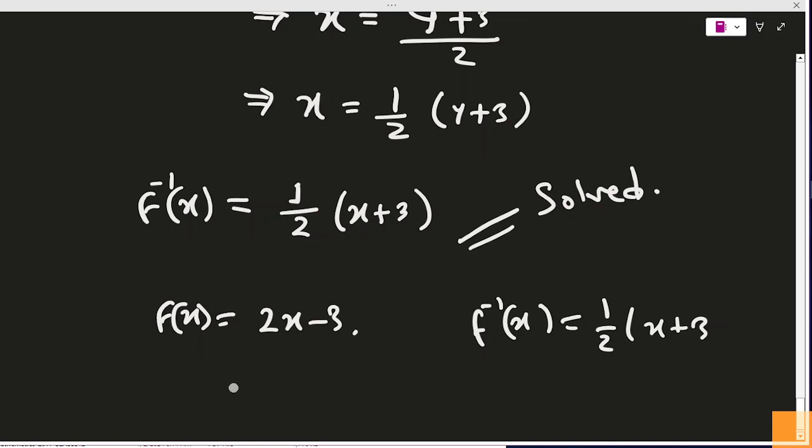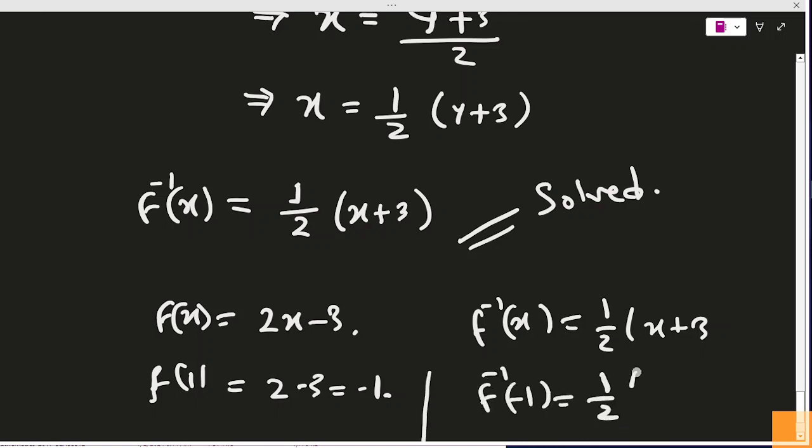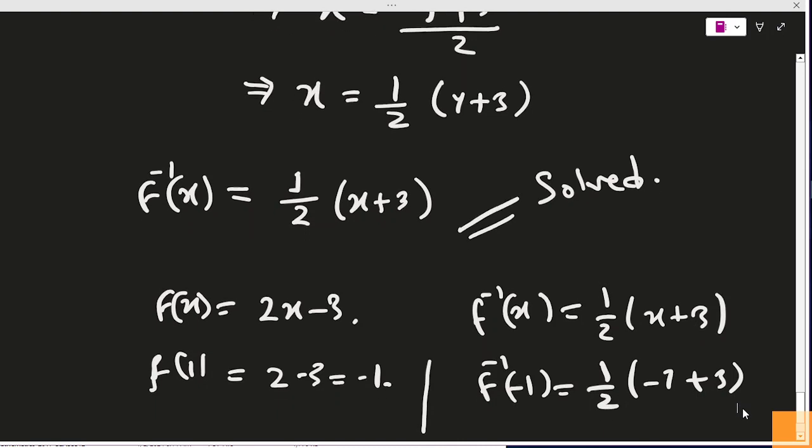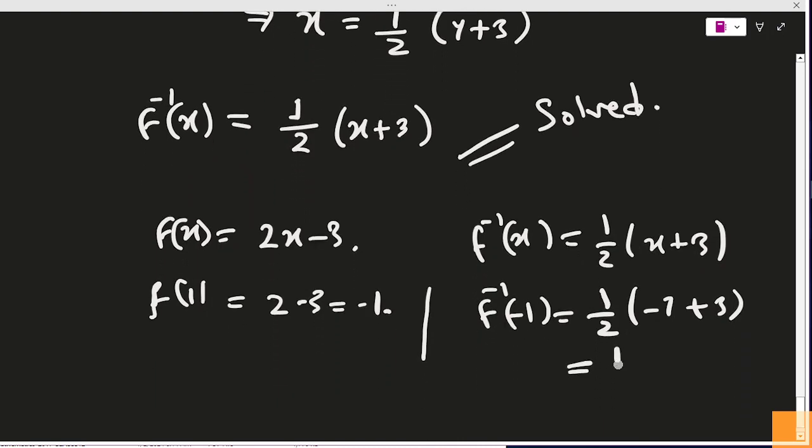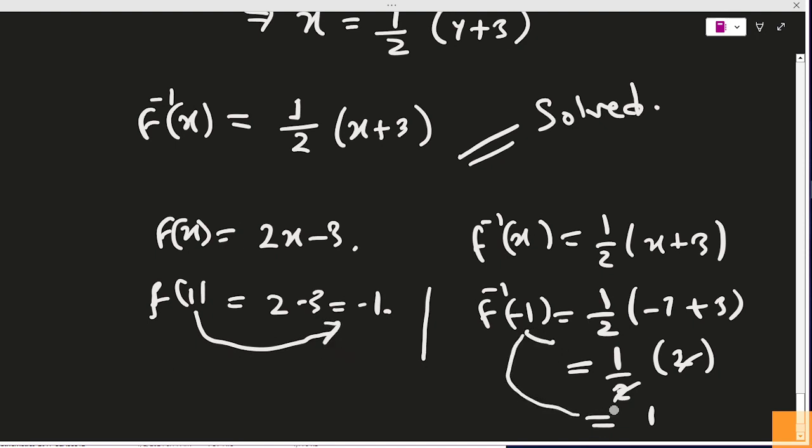सो 1 यहाँ पे अगर पुट करते हैं, f of 1 निकाले, 2 माइनस 3 इक्वल -1। अभी -1 यहाँ पे f इनवर्स में पुट कीजिए तो वहाँ पे half of -1 plus 3, and this is equal to half of 2, and this will equal to 1. So 1 element को f फंक्शन ने -1 में लाया था, f इनवर्स ने -1 को 1 में लाया है.